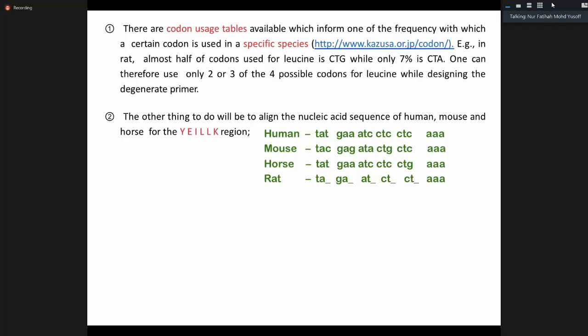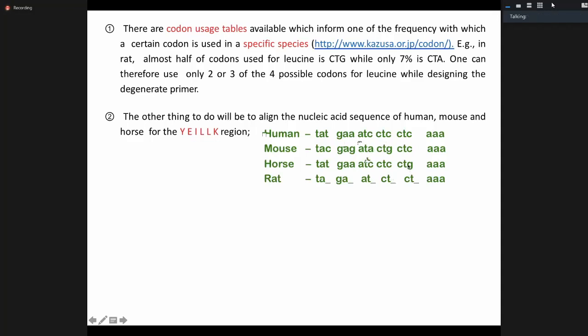The other thing to do will be to align the nucleotide sequences of human, mouse, and horse. For example, back to the peptide sequence YEILLK region. In human, there are TA, GAA, and so on, and likewise in mouse, horse, and rat. Now, if you look at the first 2 nucleotides of the codon, there are TA, GA, similar to the rest. They are the same.